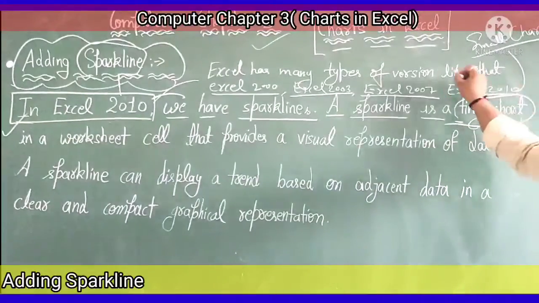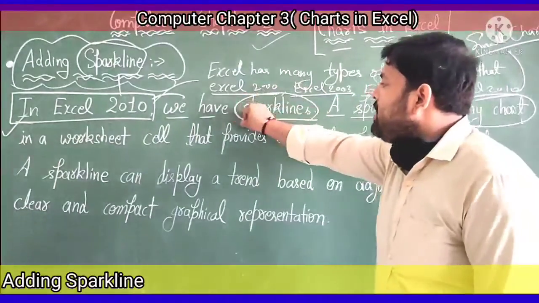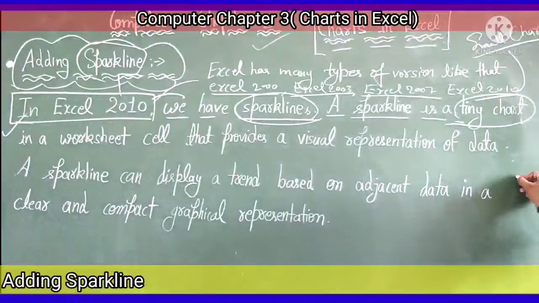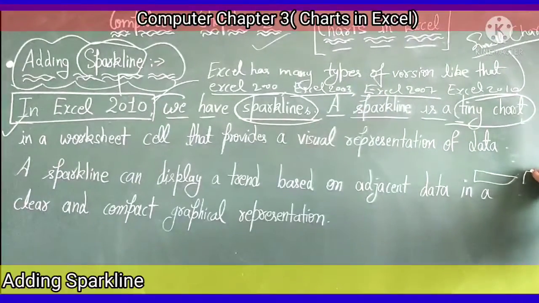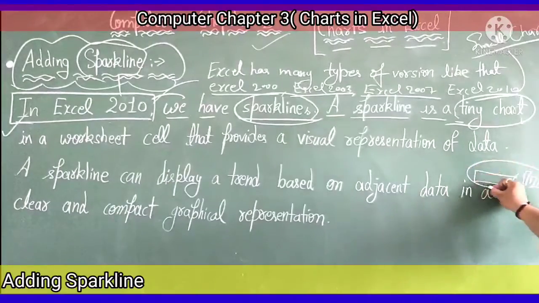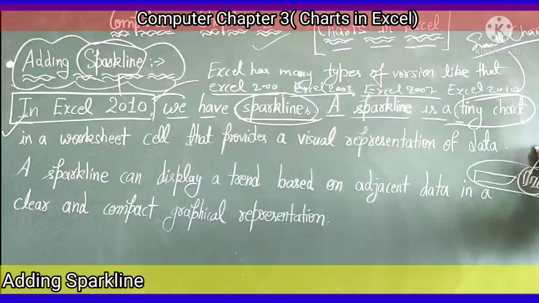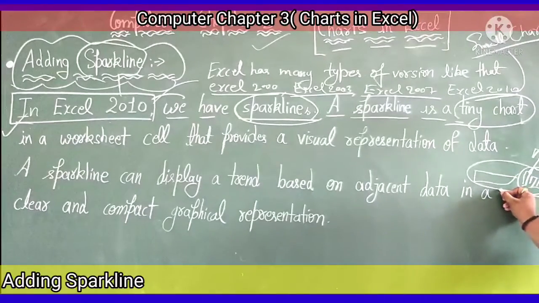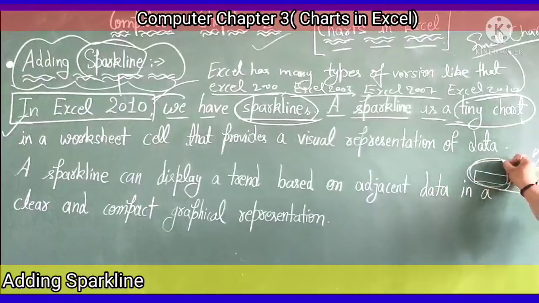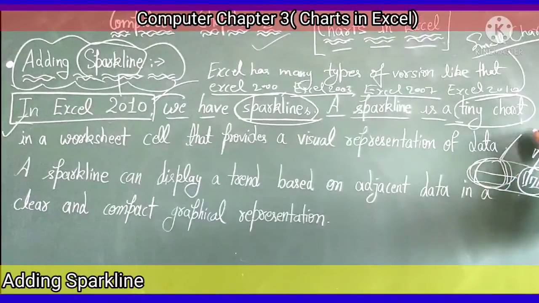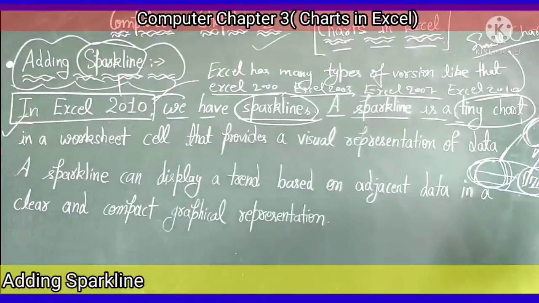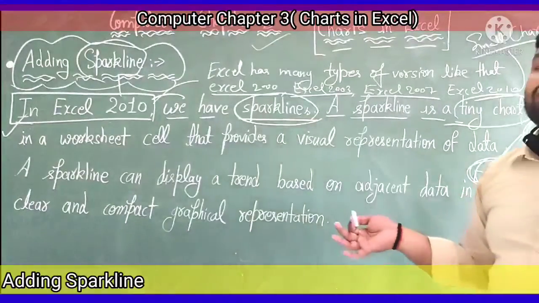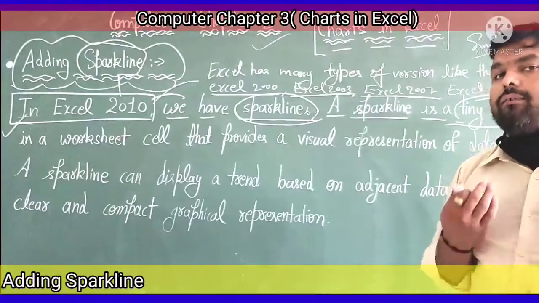That is called a sparkline. On one side the data is shown, and on the other side a tiny chart is shown. Before, we discussed that according to the data series we create a special chart, but a special chart takes a large position to represent all the values.